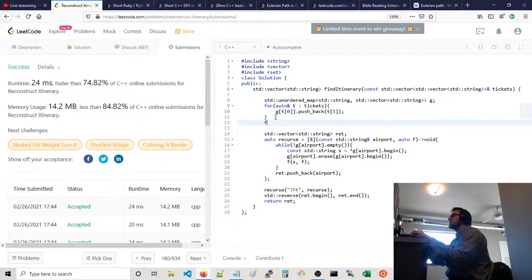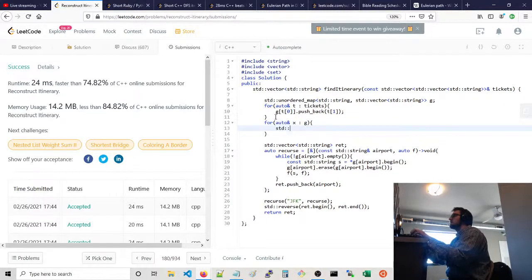And then we can say for auto x in g, std::sort x.begin, x.end. Use a lambda function here. Return a greater than b.